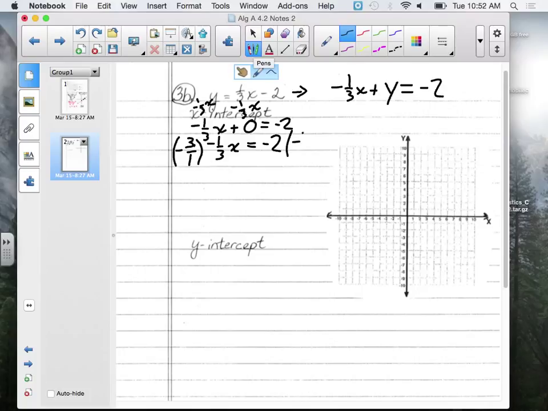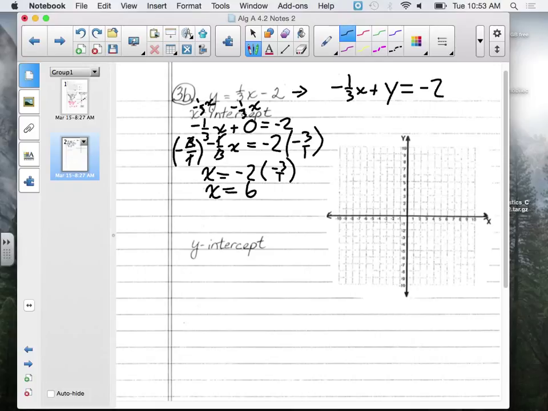And then we multiply both sides by -3/1, right? So, these are reciprocals, so they cancel out. And we're just left with x on this side, equals -2 over 1. And what's -2 times -3/1? Positive 6.